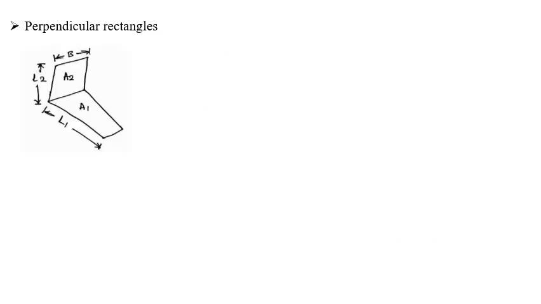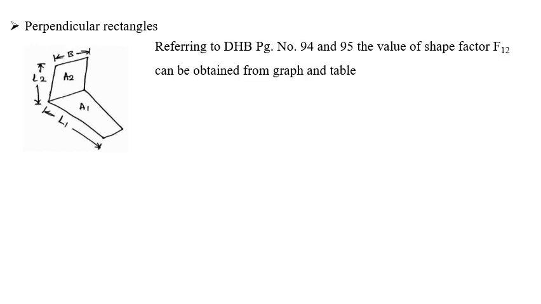Next, for perpendicular rectangles, like this, you can see there are two rectangles placed at right angles to each other. Area A1 is the area of one surface and A2 is the area of the other surface. L1 and L2 are the lengths of surfaces 1 and 2 respectively, and the breadth is common. Referring to page numbers 94 and 95 in the data handbook, the value of shape factor can be calculated using the graph and table, and here also we calculate the values of z and y.